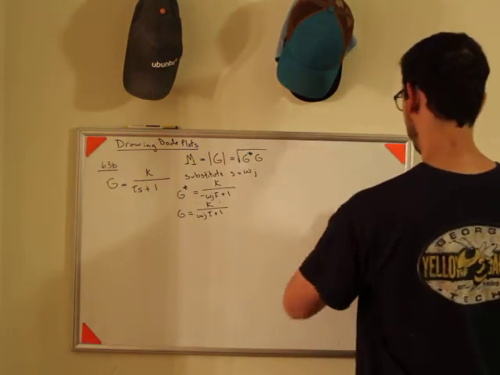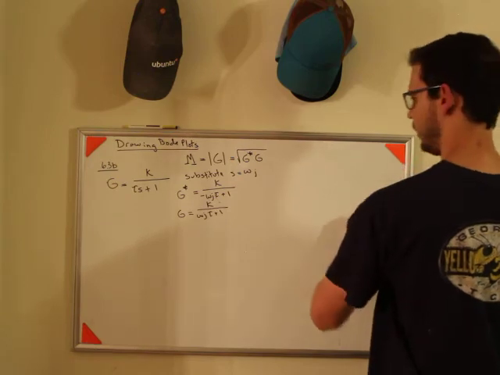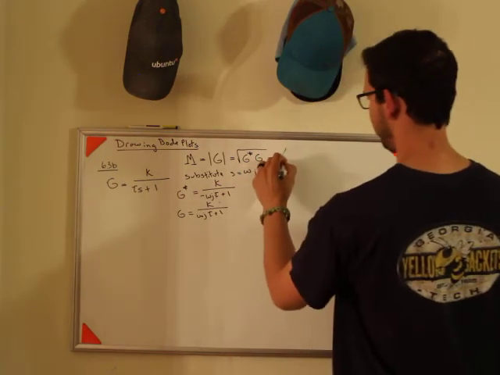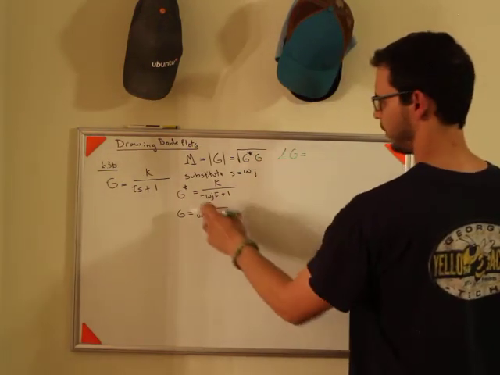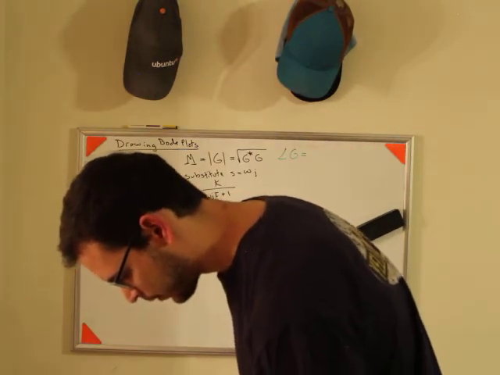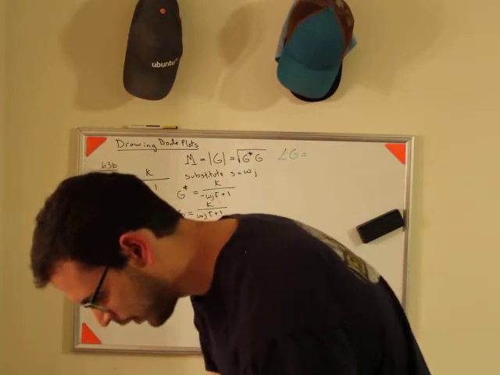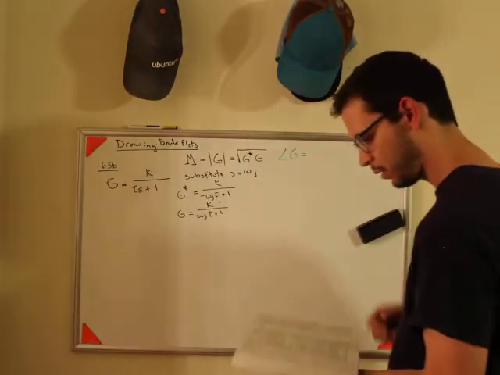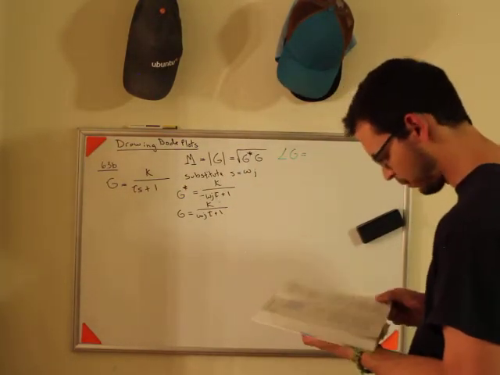All right, and in order to get the phase of G, you have to take the, and I'm going to mess this up here. I think it's the phase of the numerator minus the phase of the denominator.